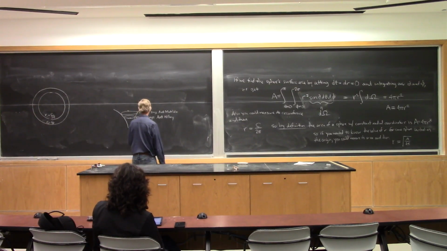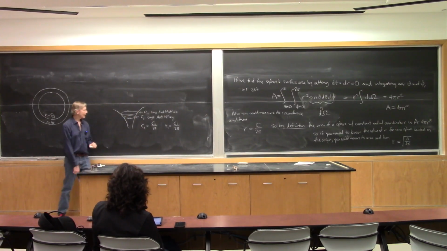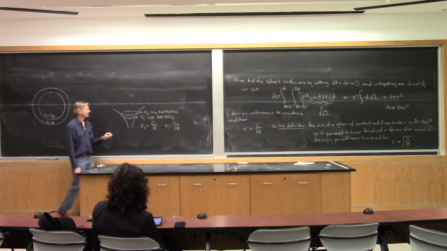And so R2 is equal to C2 over 2 pi, and R1 is equal to C1 over 2 pi. How would I draw R1 on my picture? Right in the center of the circle.